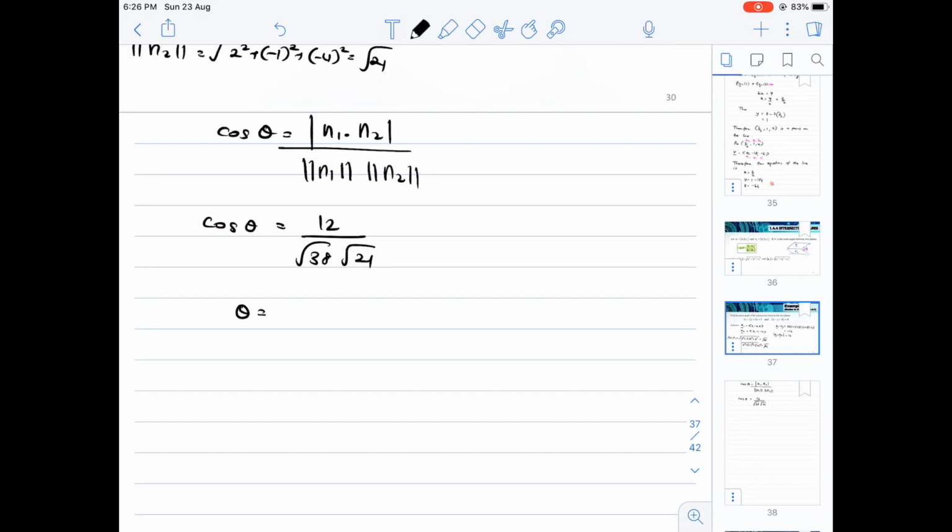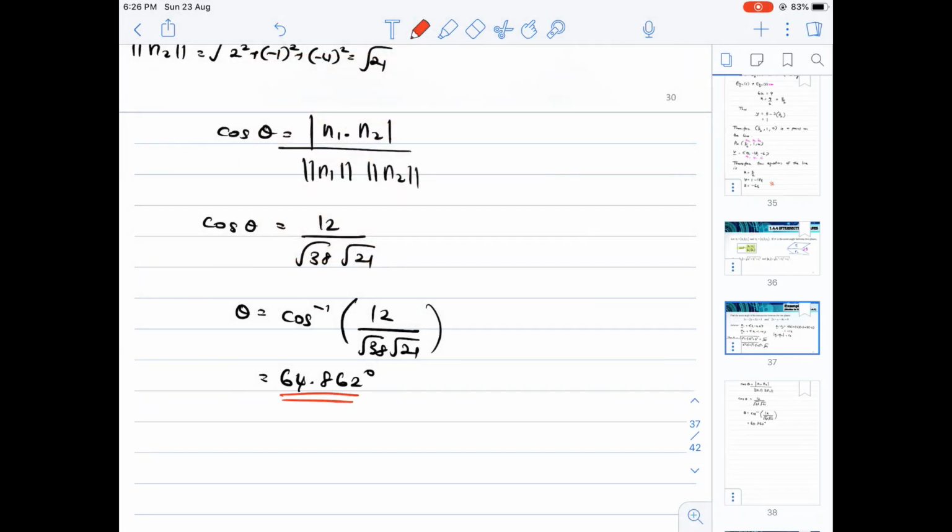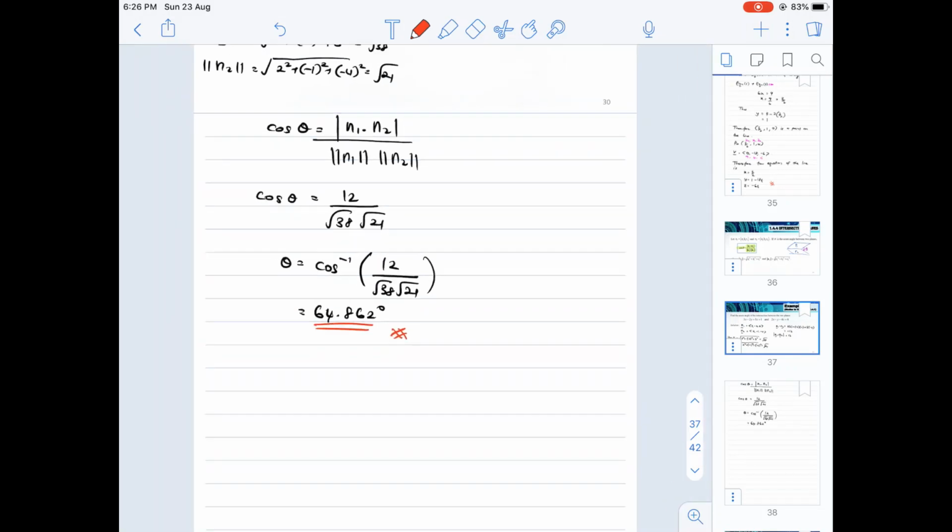So for theta, you can use your calculator. Change your calculator to degree mode. So shift cos, arc cos, 12 divided by square root 38 multiplied by square root 21. So the answer is 64.862 degrees. Okay, done. That's it.